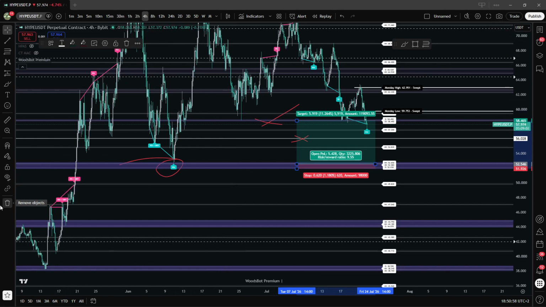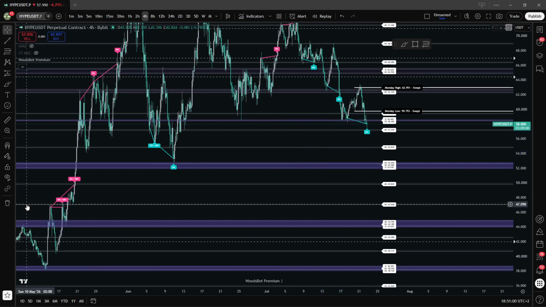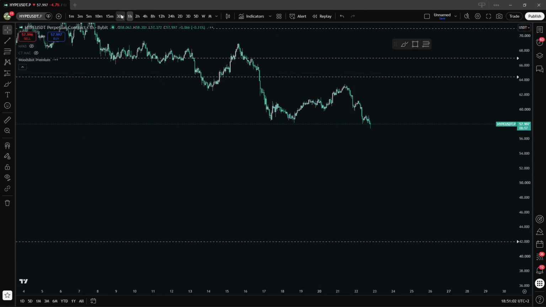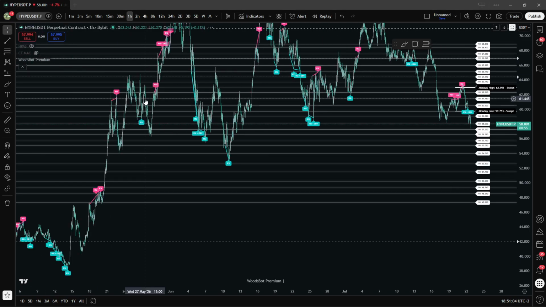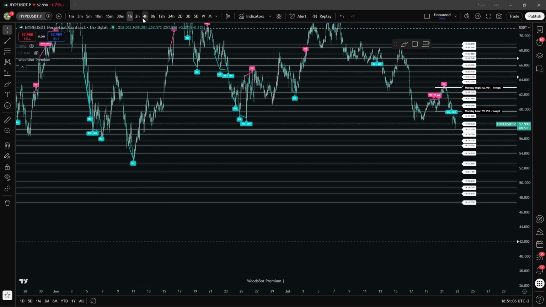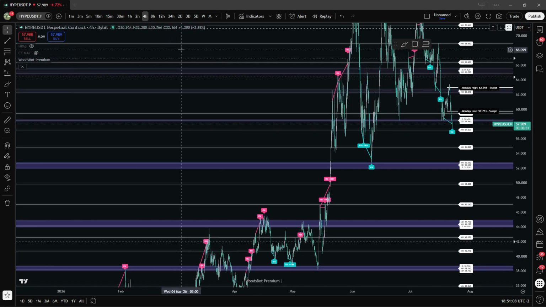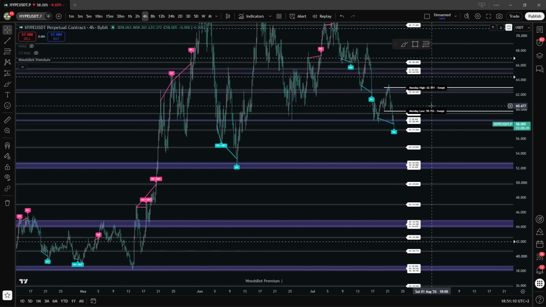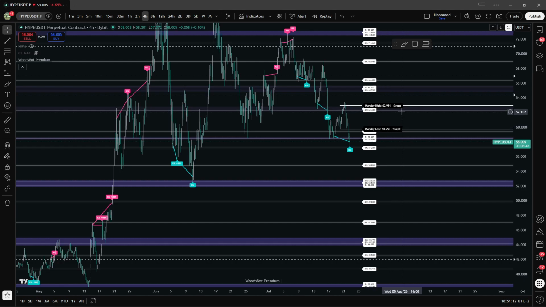So if you take this long, consider the risk to reward ratio, look at your possible invalidation and what makes sense, and then you can take it. But think about the risk to reward ratio. That would be my advice.